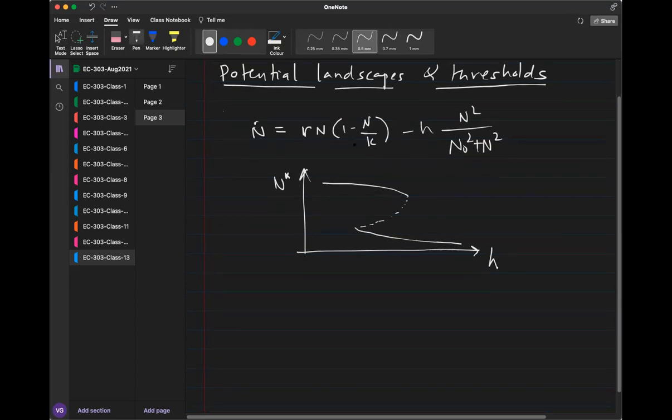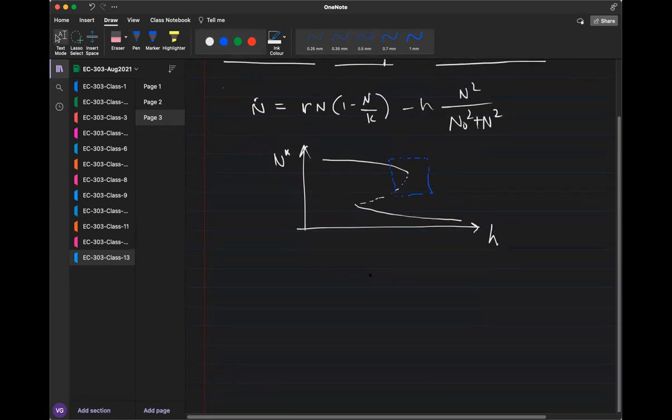Now, as you know, this model is too complex. It has this very crazy term, the model function. So what we will now do is look at a simpler model that just captures this region. Okay, those are called normal forms.